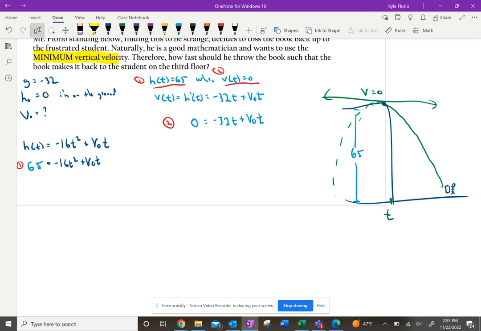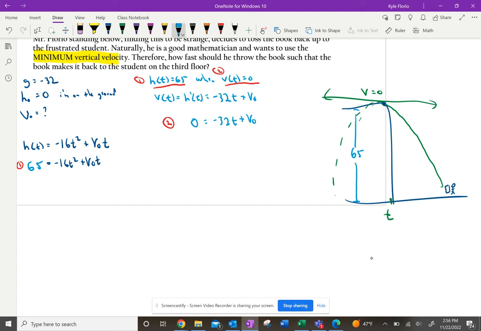What I'm going to do here is solve one of the equations. To clean this one up, I add 32t to both sides. I get that. Where is that t coming from? The derivative has no t. That's where I was making a mistake.